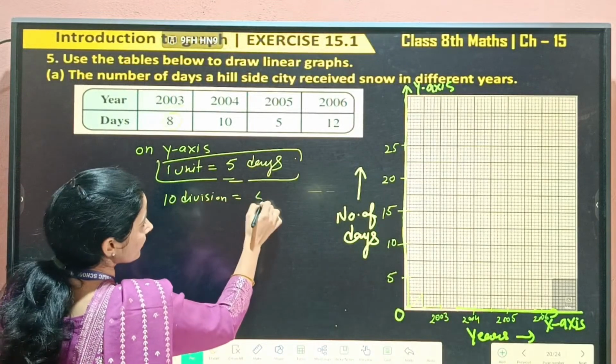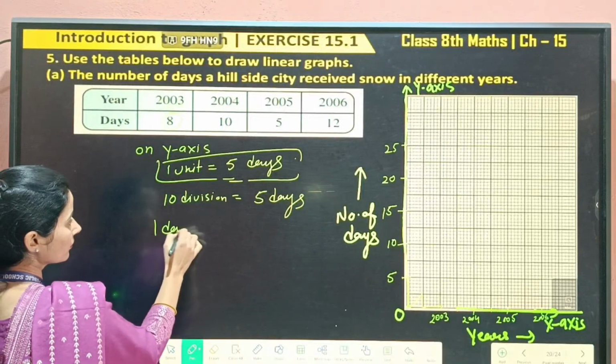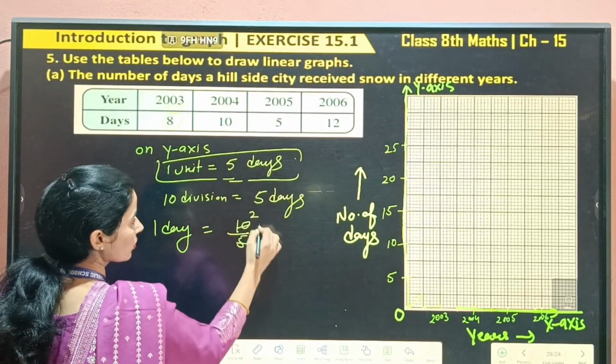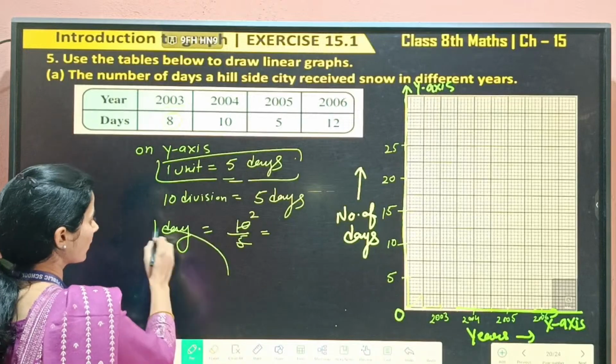These are 5 days. Means 1 day will be 10 by 5, that is 2. One division we have to find out.